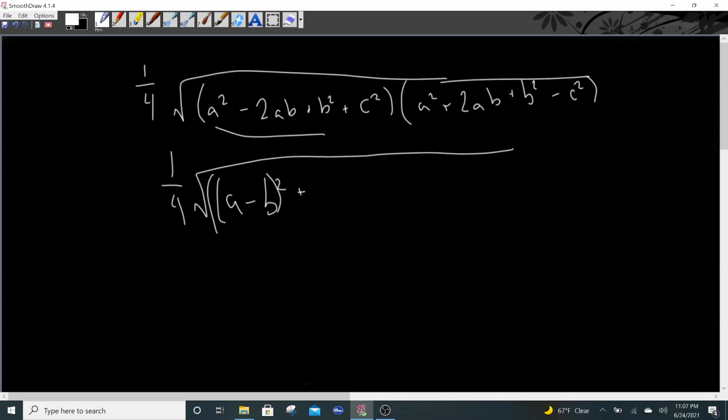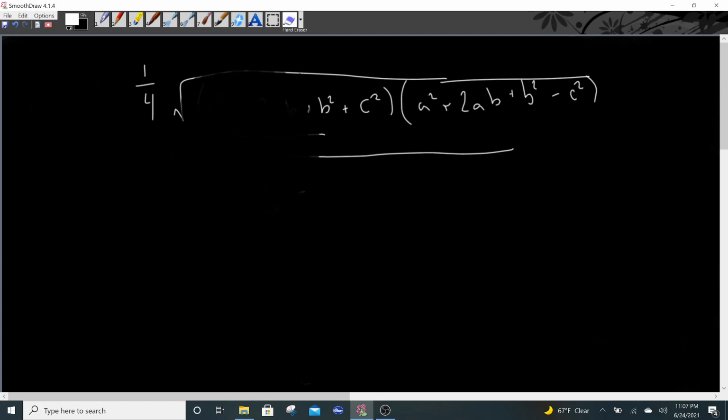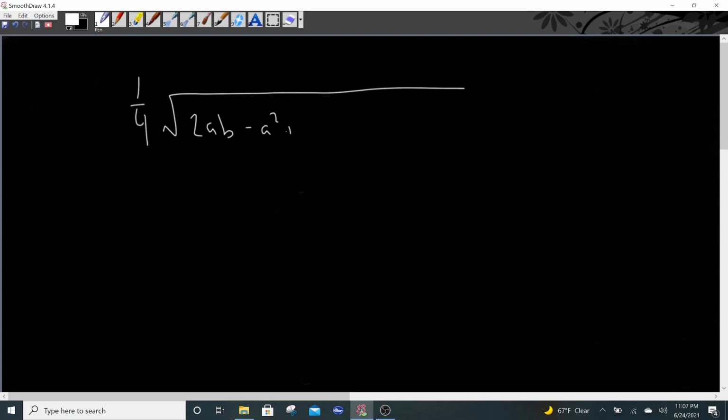Oh, no. I did something wrong. Very wrong. Let me go back. We are left with, maybe I should have done this a little earlier in the day so I'm not as fried, but 1/4 square root of 2ab, I'm just going to go back to our original first step, minus (a squared plus b squared minus c squared), that's in parentheses, times 2ab plus a squared plus b squared minus c squared.